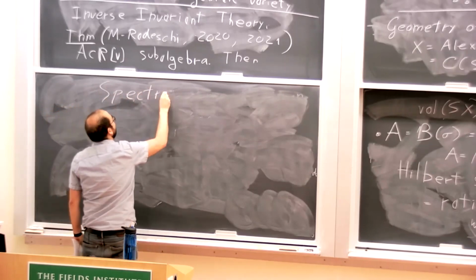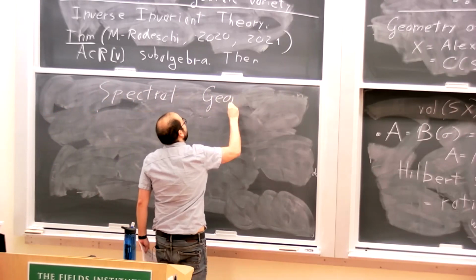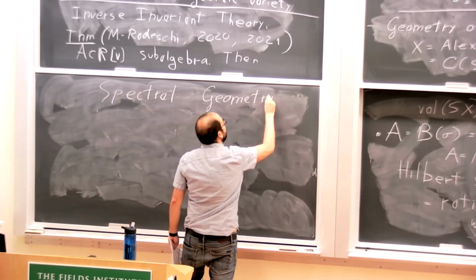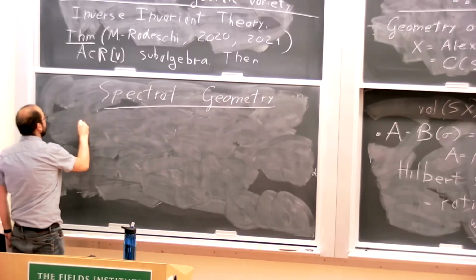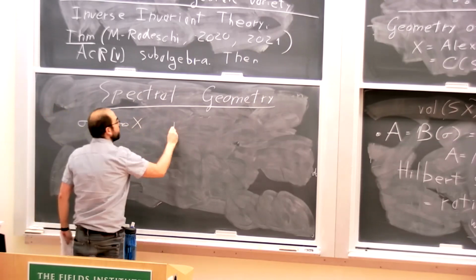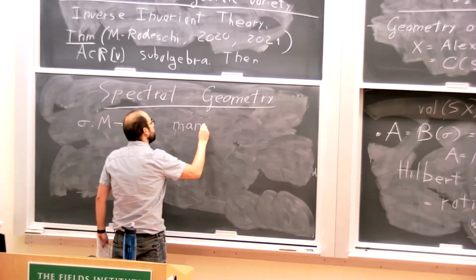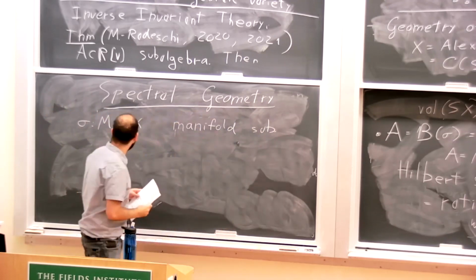So let me finish here with a little bit of that. Where is this result coming from? It's coming from spectral geometry. Let's take a step back. In fact, this is more general. So let's go to a manifold submetry from a general compact manifold.